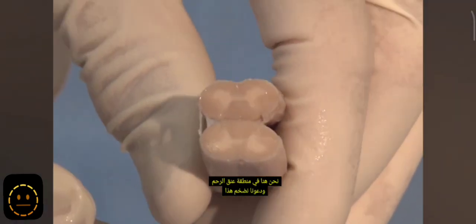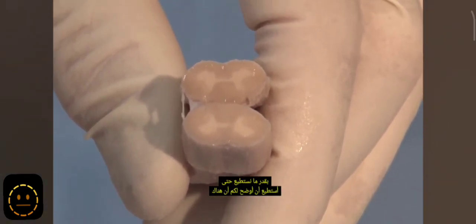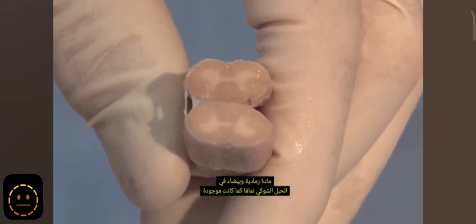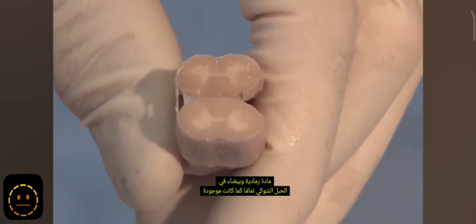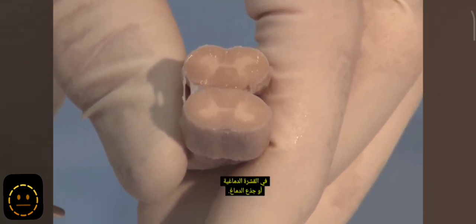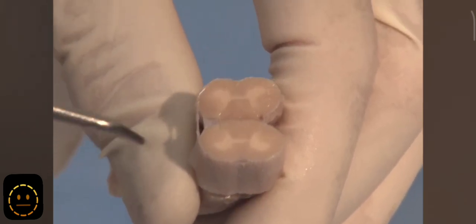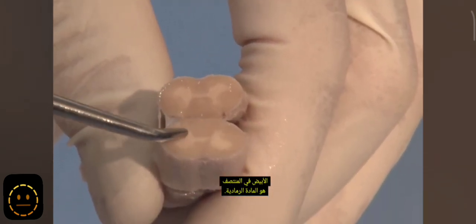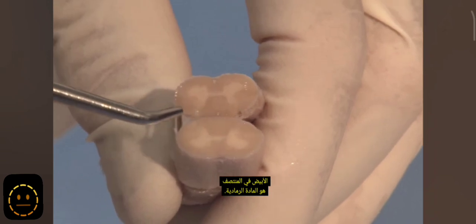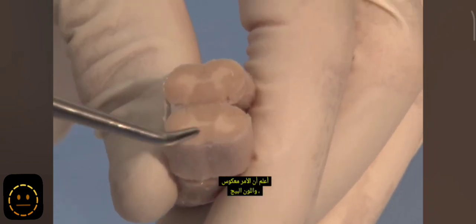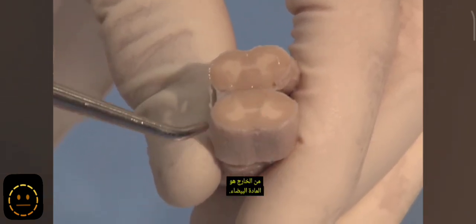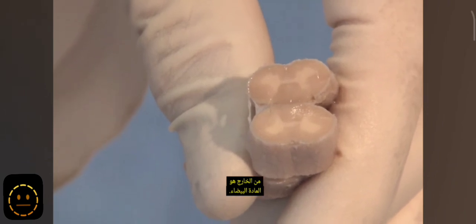Here we are in the cervical region, and let's magnify this as much as we can so that I can show you that there is gray and white matter in the spinal cord, just as there was in the cerebral cortex or the brainstem. The white in the middle is the gray matter. It's backwards, I know. And the beige on the outside is the white matter.